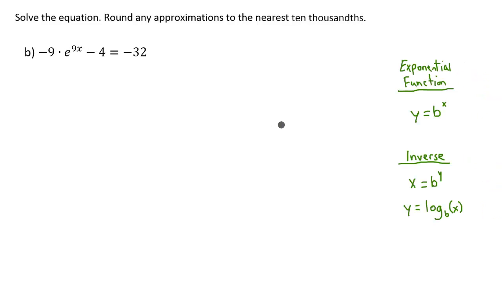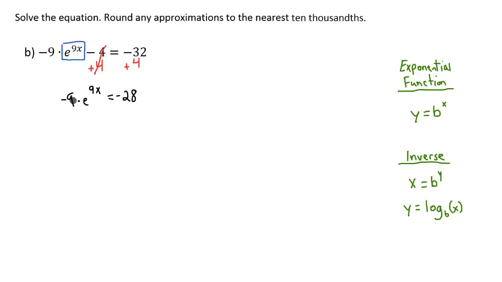Okay, on to part B, and we're going to go about solving part B the same way we did part A, which means we have to get that base e and the exponent by itself first. So the first move we're going to do is add 4. That cancels that out. We have to add 4 to the right side as well to make everything balanced. So I'm going to have negative 9 times e to the 9x power, which equals negative 28.